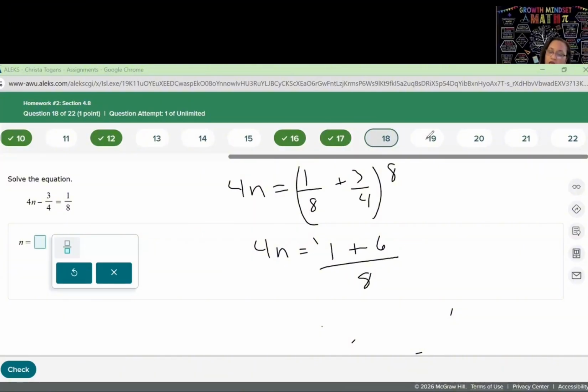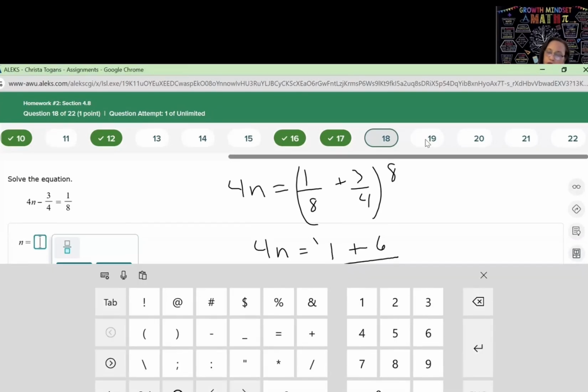And then I'm going to get 7/8. And then I just divide both sides by 4, or you can say I'm multiplying by 1/4. It's the same thing. So I get 7/32, or 7 divided by 32.